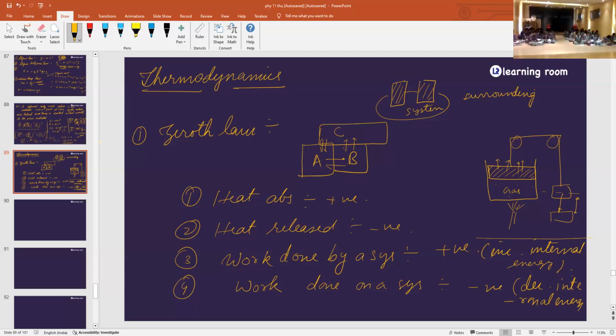Chemistry is lazy, right? Okay, so write it down. Written. Shall I change the page? Some are still writing, sir. Yeah, write it fast.